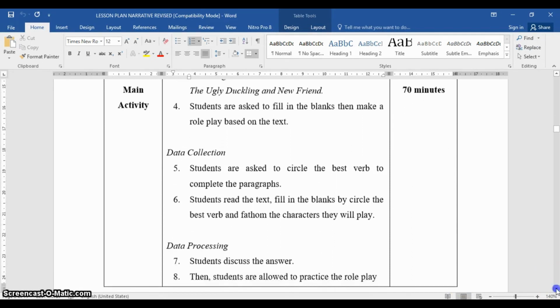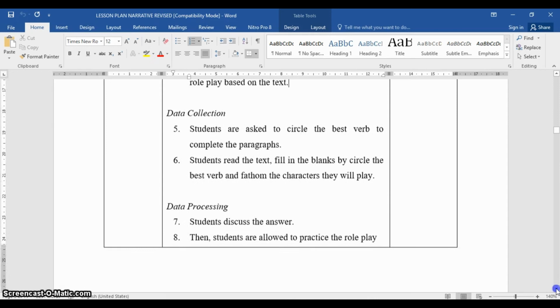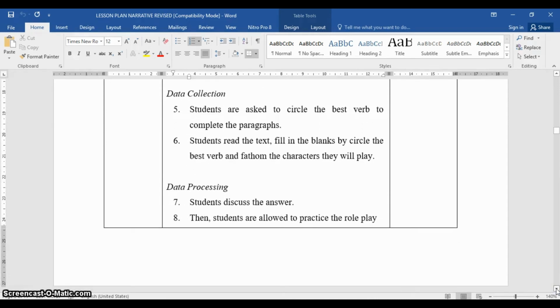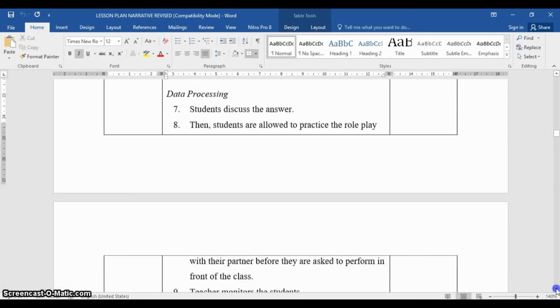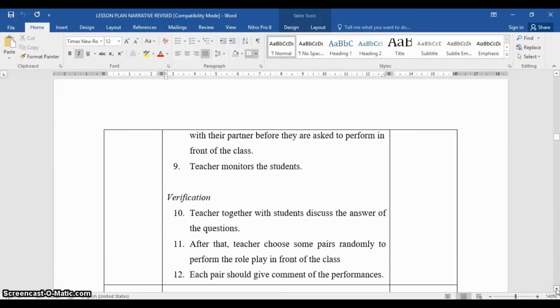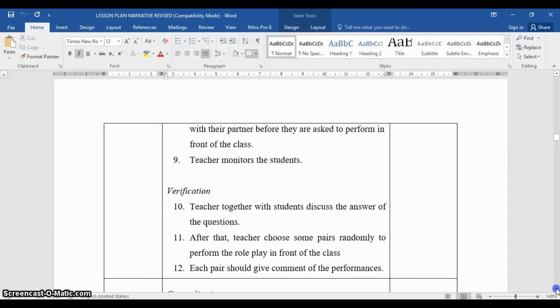And in the data processing, the students discuss the answer with their partner, and then the students are allowed to practice the role play before they perform in front of the class. And then the teacher monitors the students.